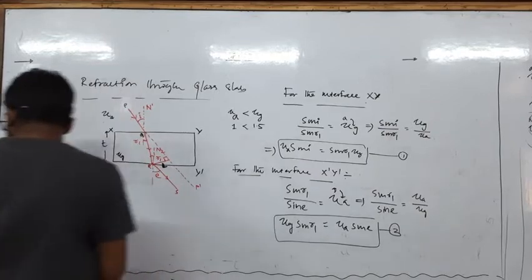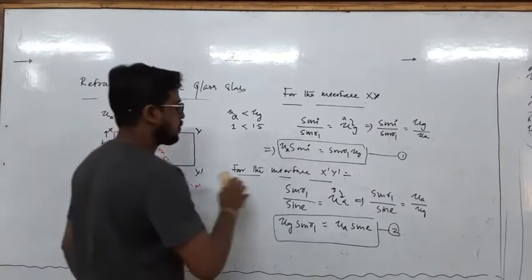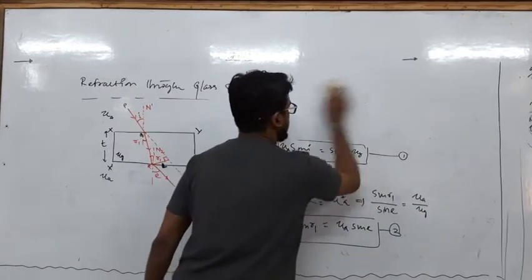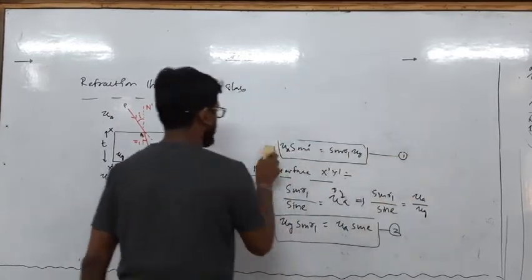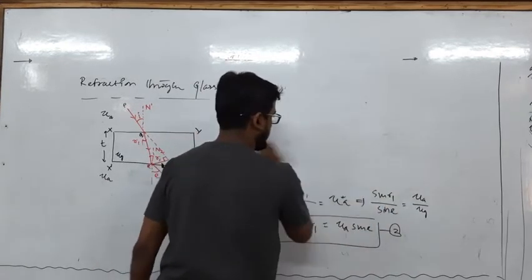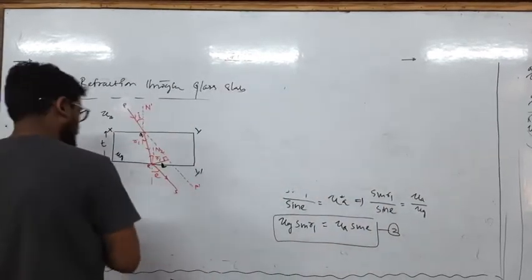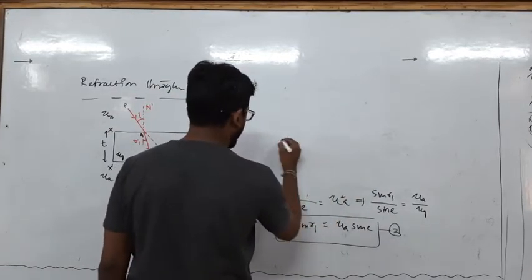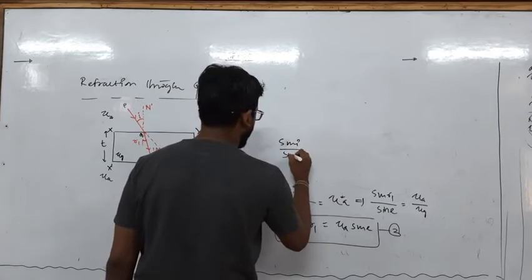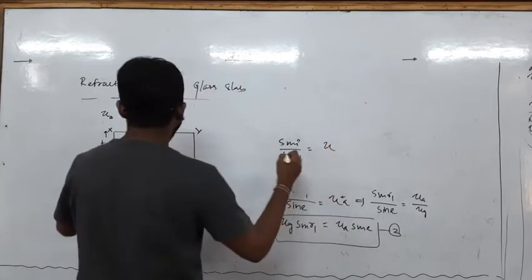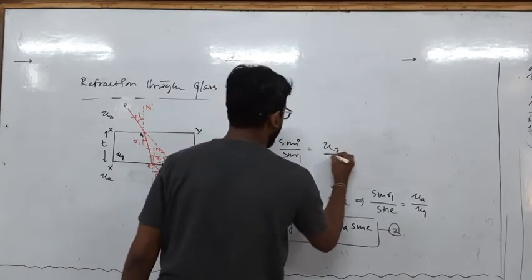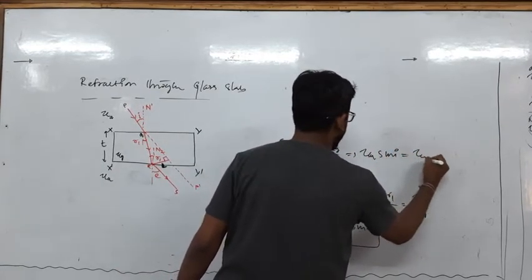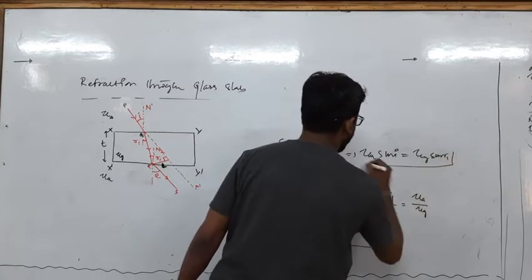Clear? So now from equation 1 and 2, here equation 1 will be how much? Sin I by sin R1 equal to mu of air to glass, so it will be mu G by mu A. So from this we will get mu A sin I equal to mu G sin R1. This is equation 1.